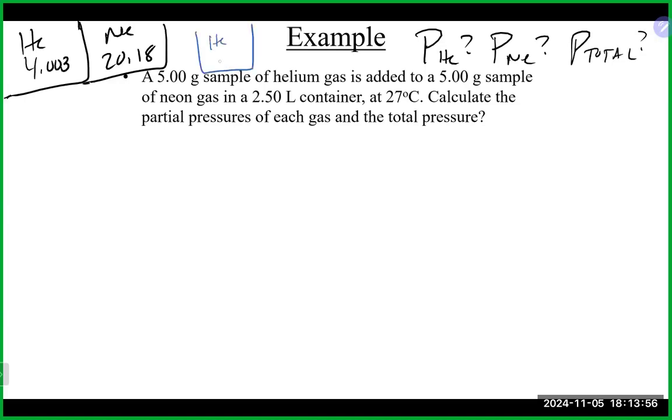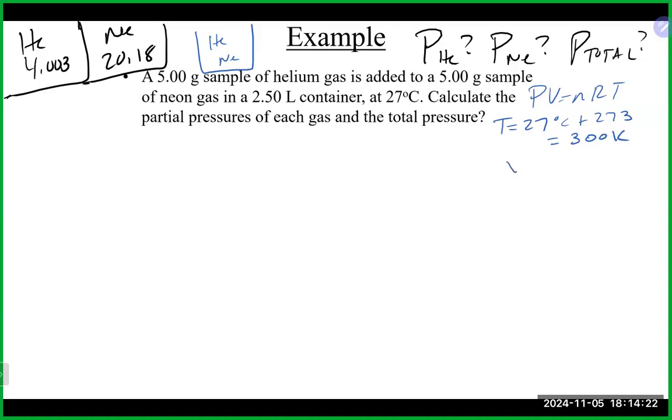It's got some helium flying around, it's got some neon. Even though they're together, we could assume that they're kind of separate, in there by themselves. So we are going to use our PV equals nRT for both of them separately. The temperature would be the same for both, and because it's a gas law, we automatically need to convert that to Kelvin, which gives us 300 Kelvin.